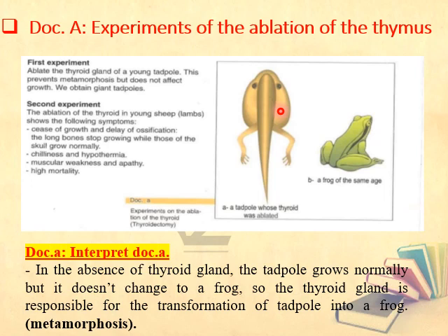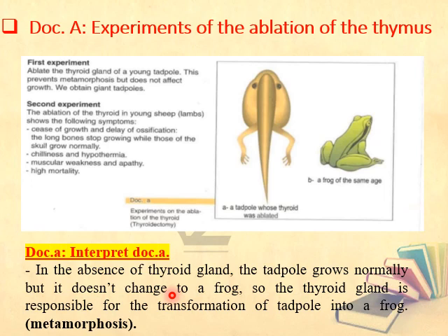So it's important for the transformation of tadpole into a frog. More simply, it is important for metamorphosis to take place. If I asked you to interpret document A, to interpret the first experiment, what do we say? In the absence of thyroid gland, the tadpole grows normally, but it doesn't change to a frog.